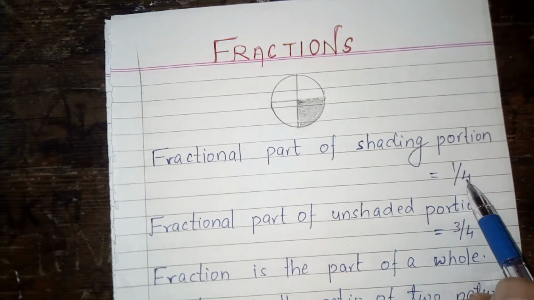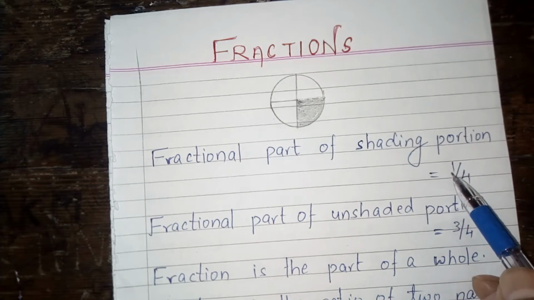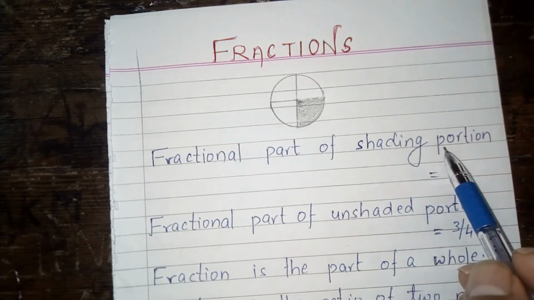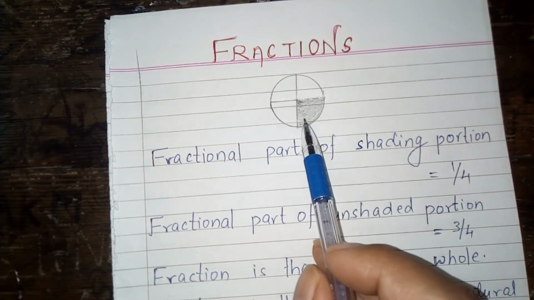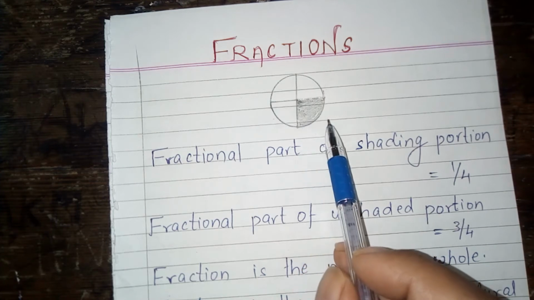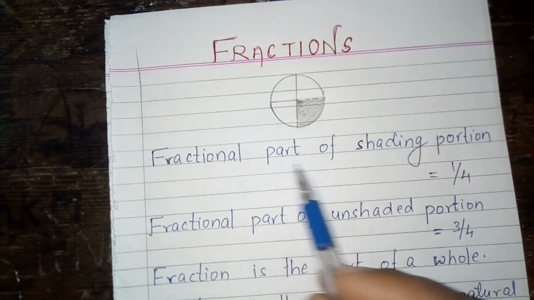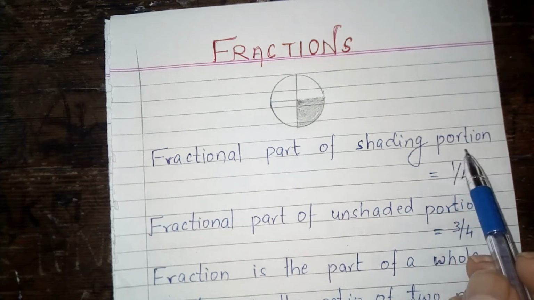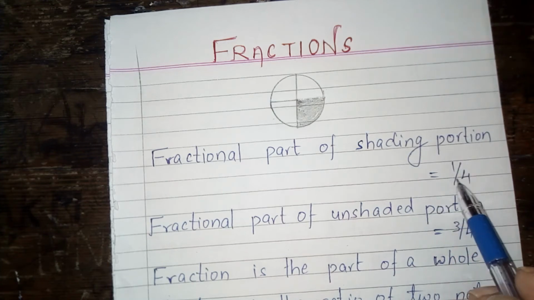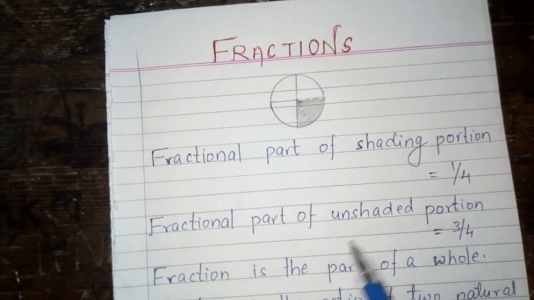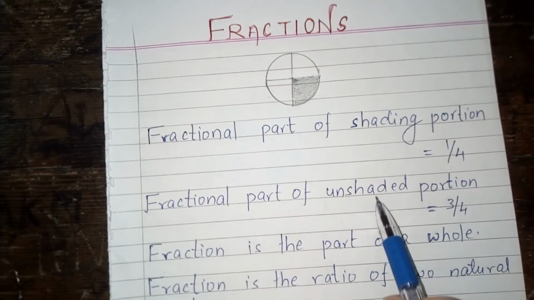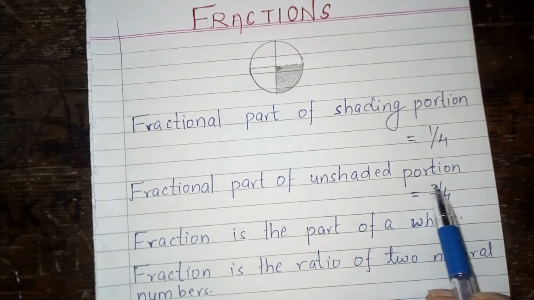Why are we taking 1 here? The meaning is, let us discuss only the shaded portion. Only one part is the shaded portion. So the fractional part of the shaded portion is 1 upon 4, and the fractional part of the unshaded portion.